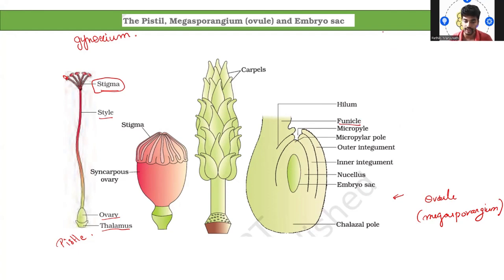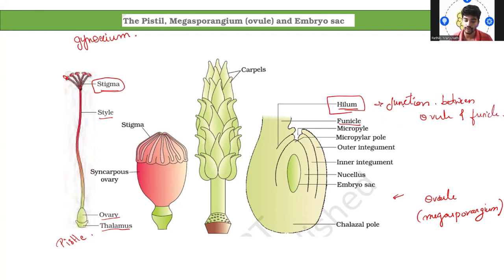Then you will also see the funicle is fused with the hilum region. Hilum normally represents the junction between the ovule as well as the funicle.